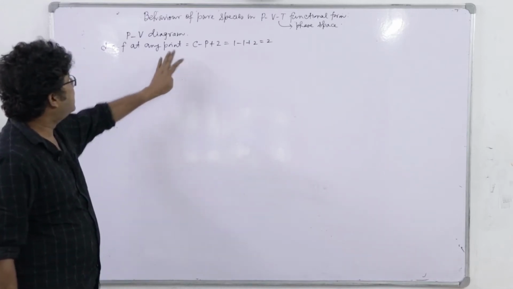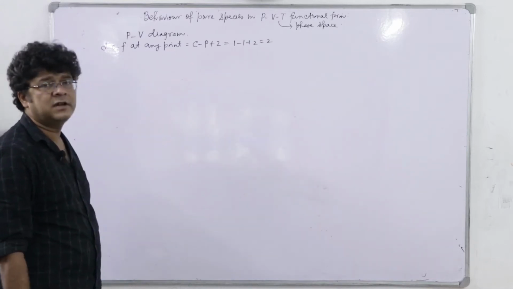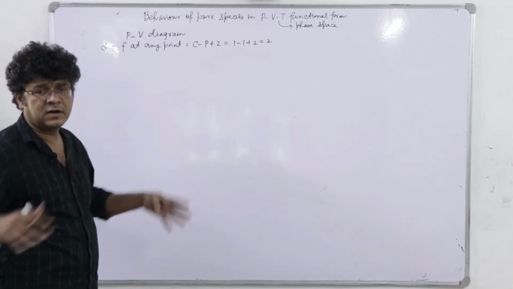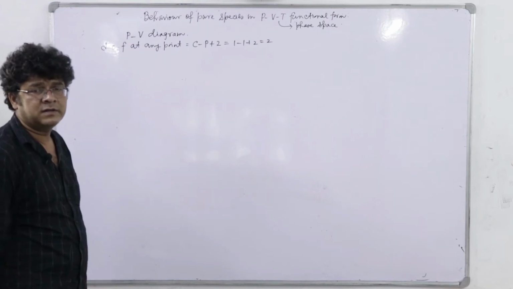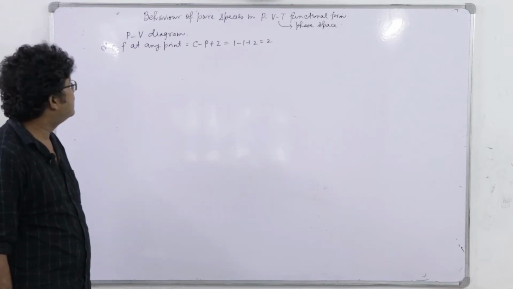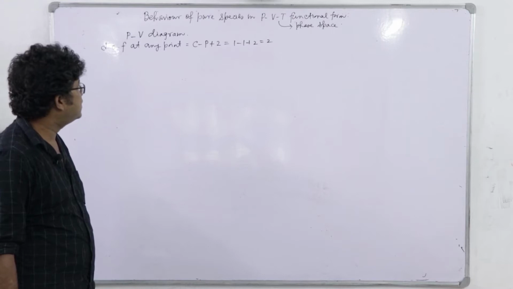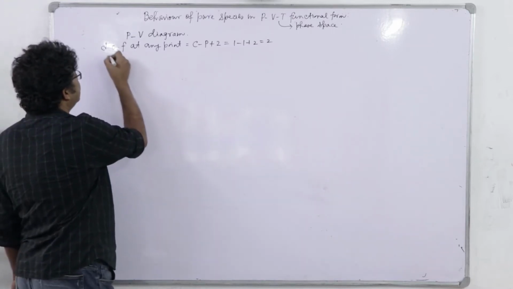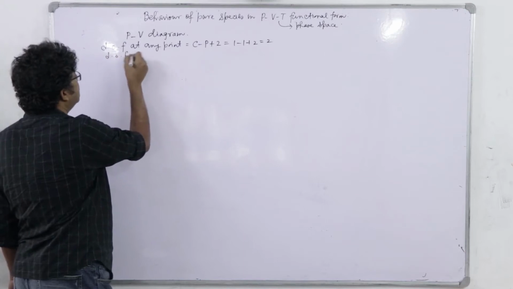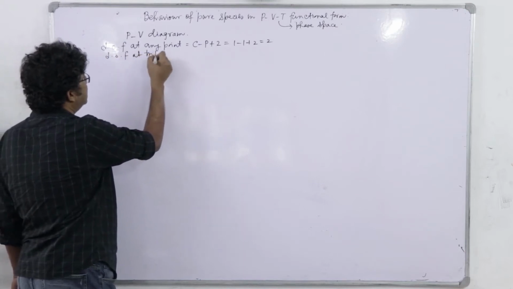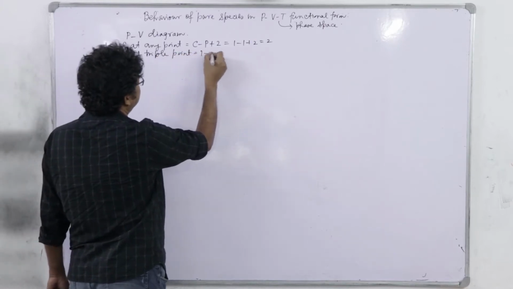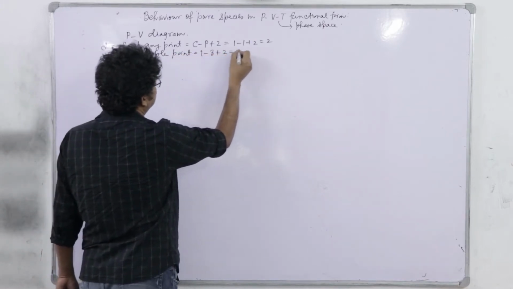But if it is on the saturated liquid line or saturated vapor line, that is the vaporization curve or this saturated liquid plot, there it will change. So, at the triple point, we have 3 phases coexisting. So, it is 0.